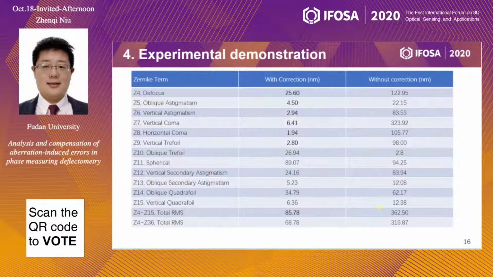The RMS of the total departures in the terms from Z4 to Z15 are 85.78 nanometers after phase correction and 362.50 nanometers before correction, respectively. The main contribution of the proposed method is reflected in the low frequency to medium frequency terms from Z4 to Z15.